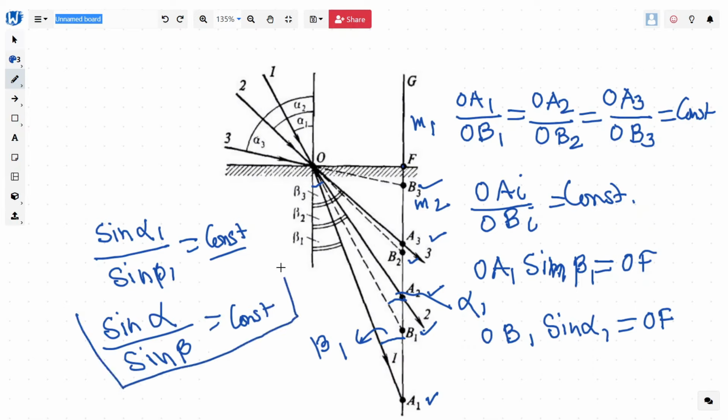This is the law of refraction by Snell. This is the expression for Snell's law. We'll write this law in a different format so that we can use it in our problems and try to understand geometrical optics better. But before that, let's move to something called Huygens principle.